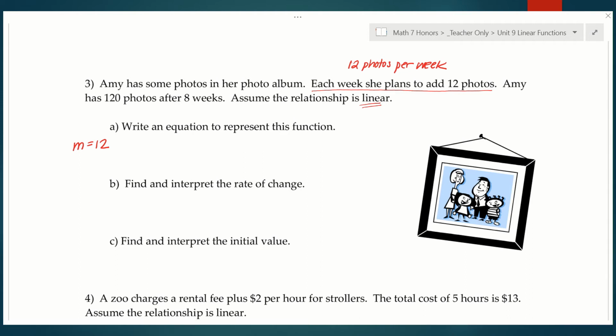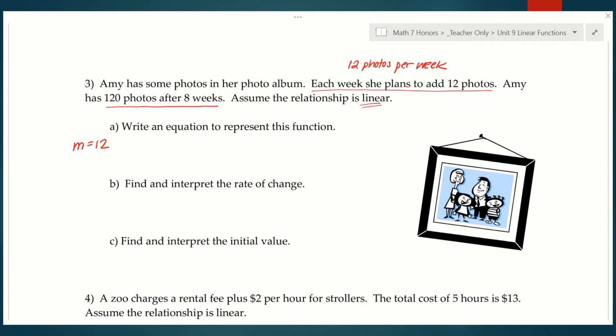Okay? Now, the other thing I need to write the equation is the y-intercept, which would mean how many pictures did she have in week 0? And I don't know that. All I know is that she has 120 pictures after 8 weeks. And so that information that they're giving you is actually a point on the line. Okay, so here's where it gets a little tricky.